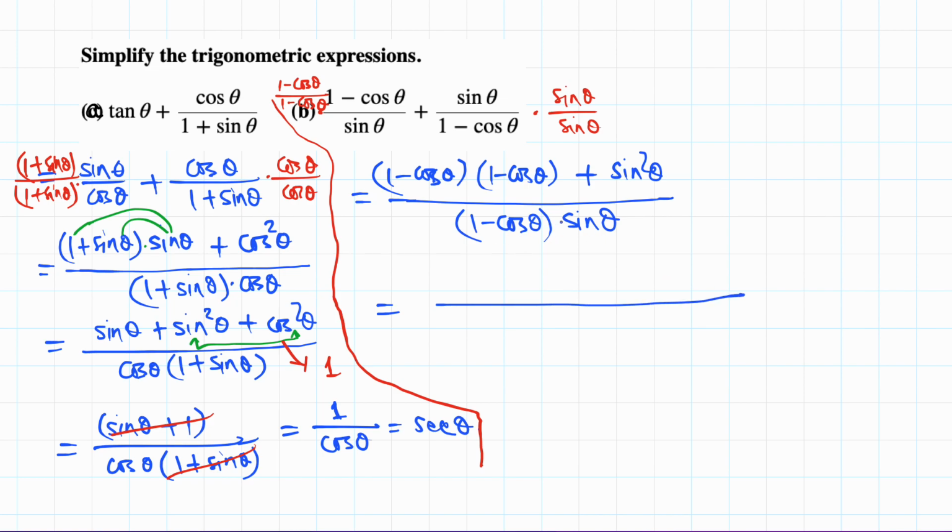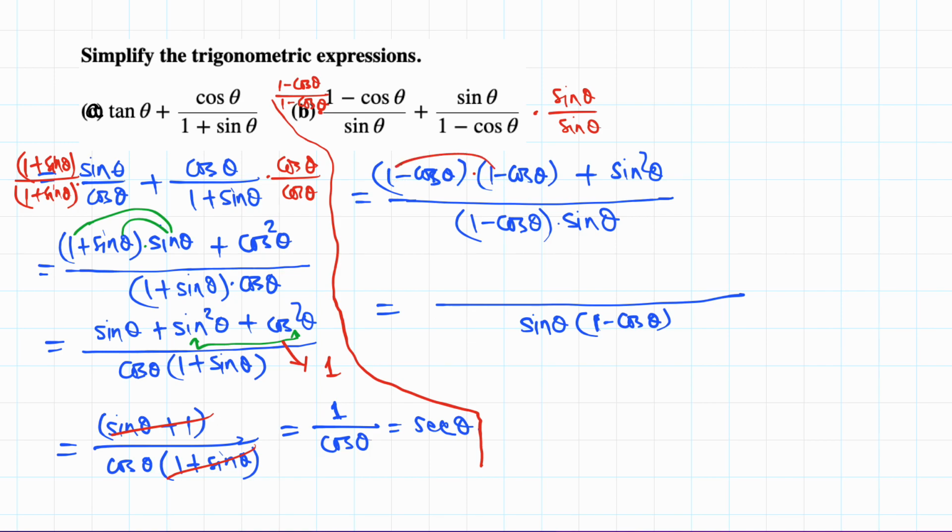On the bottom it's already in times, so already in factored form. Somehow we need to cancel something, but don't cancel here, because this one is plus. So 1 minus cosine has to be a product with everything. On the top we need to multiply, so that means FOIL: 1 minus cosine times 1 minus cosine.